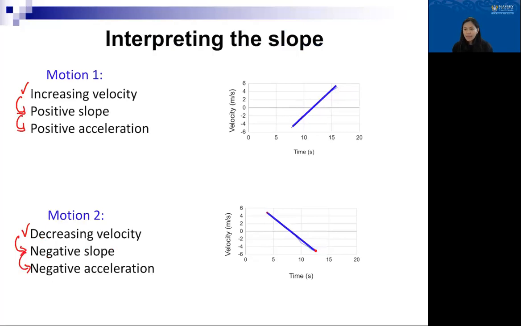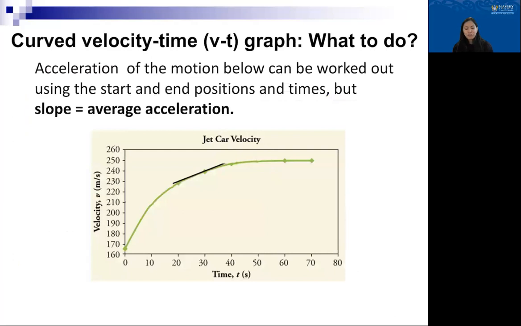Right? And if you're given a curved velocity versus time graph, you will also be able to get the average acceleration by getting the start and end points, get the change in velocity or the rise, and the change in time or the run.